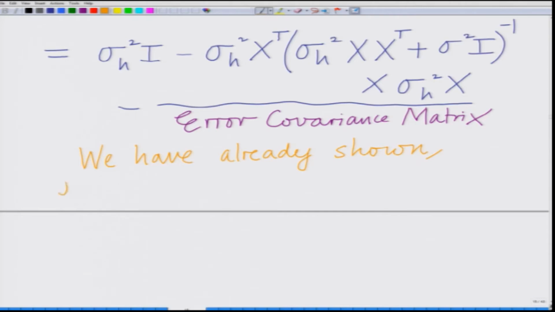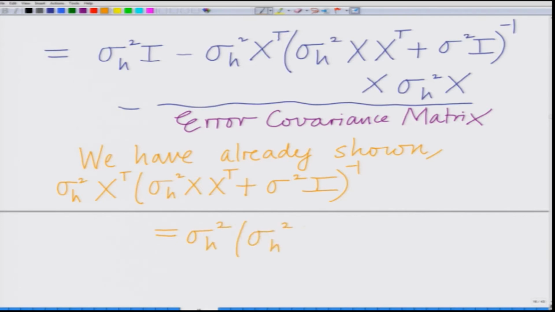That is, sigma h square X transpose times sigma h square X X transpose plus sigma square identity inverse is equal to sigma h square X transpose X plus sigma square identity inverse times X transpose.